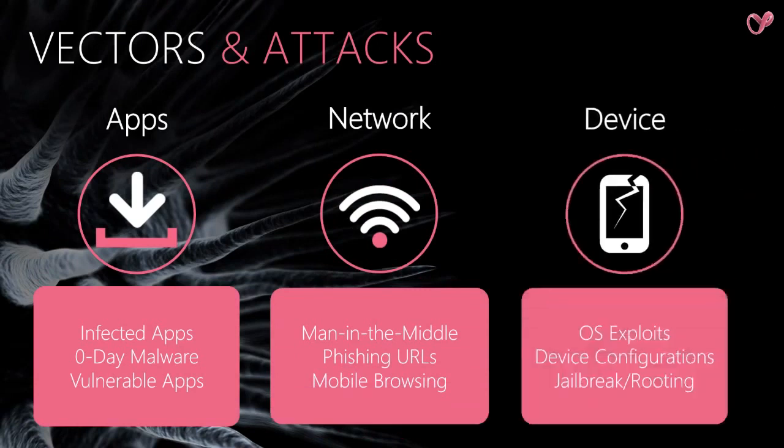Nowadays, lots of mobile-related threats and threat vectors are there, like app-related, network-related, and device-related issues. If you can control these three vectors, which are the major things that lead to critical attacks and security breaches around the world.